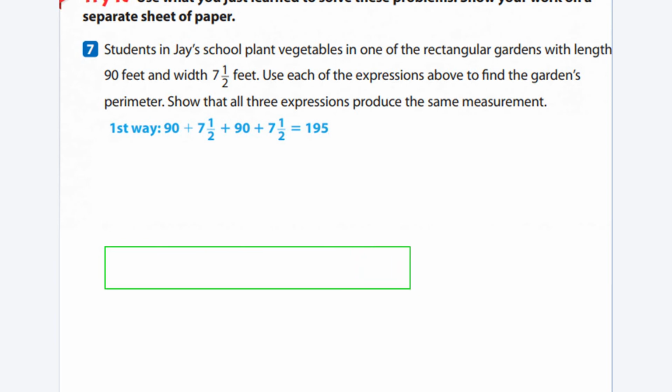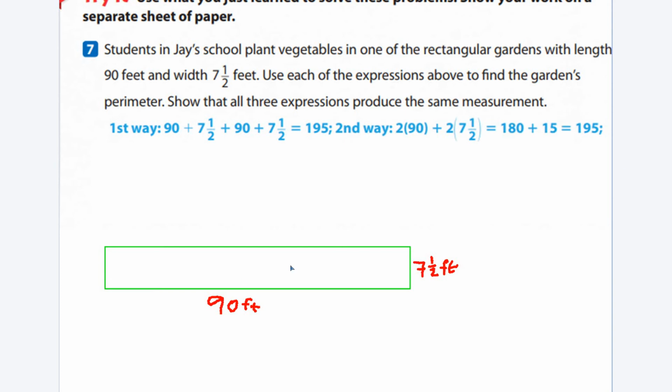It's not drawn to scale. Here's the 90 feet of length, and 7.5 feet wide. And then we would add them. 90 plus 7.5 plus 90 plus 7.5, and we get 195.